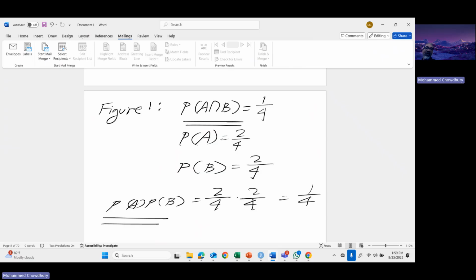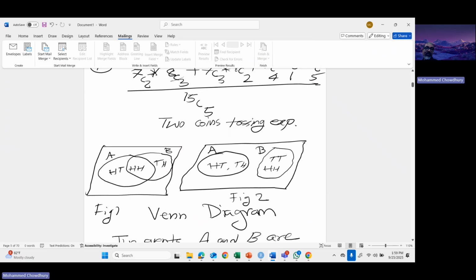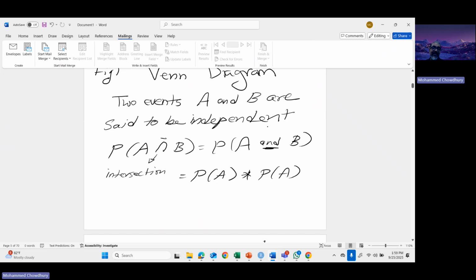You will never forget this definition. In the exam, I'll ask you to check whether two events are independent or not. You will compute their joint probability and check whether that joint probability is equal to the multiplication of their individual probabilities. Individual probability is also known as the marginal probability.